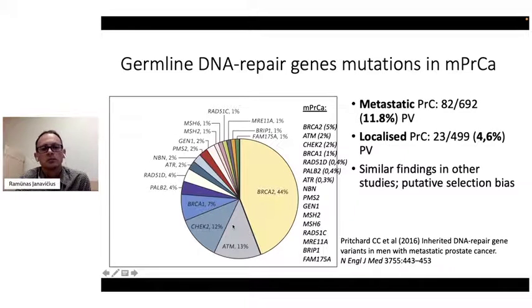So there are some similarities with the other study, and here you can see the proportions of variants, so-called pathogenic variants, or mutations as we usually call them, in these types of cancer.